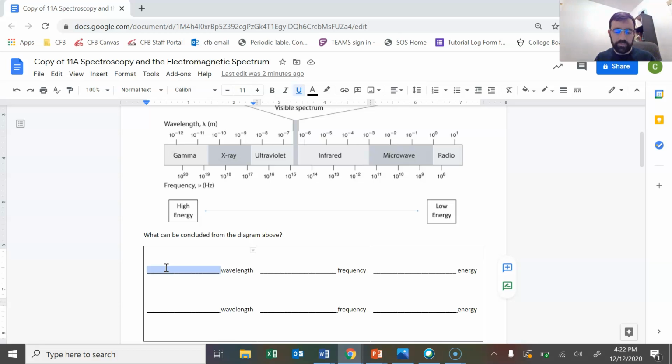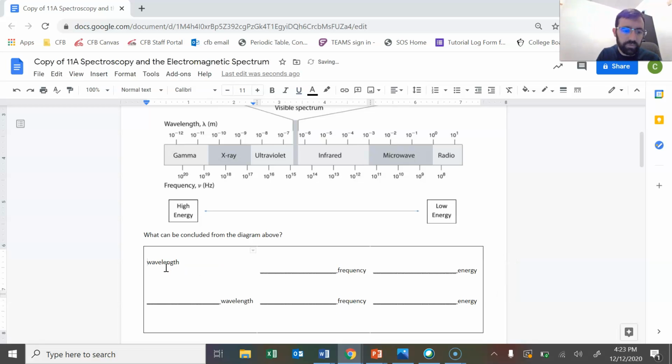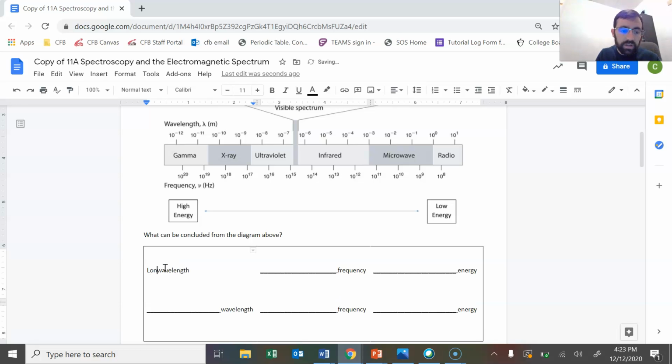So what can we conclude from this diagram? Well, if we have long wavelength, then we're going to have low frequency. And if we have low frequency, we will also have low energy.